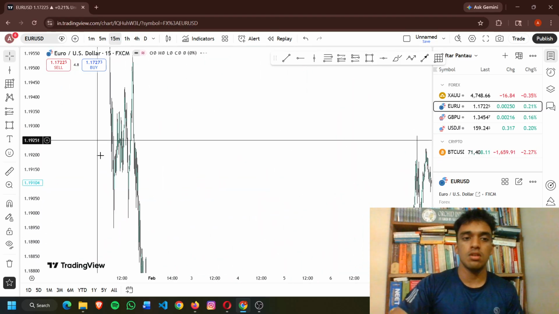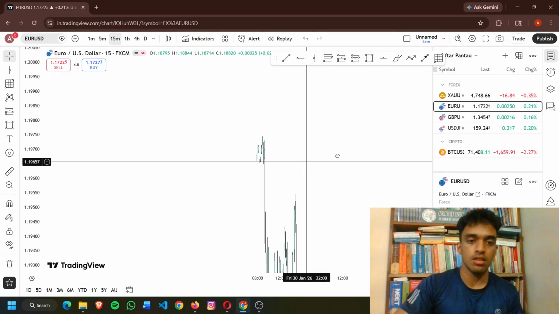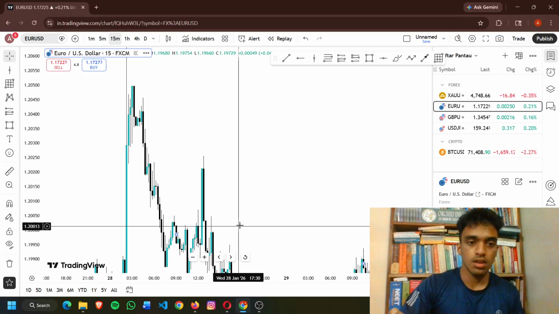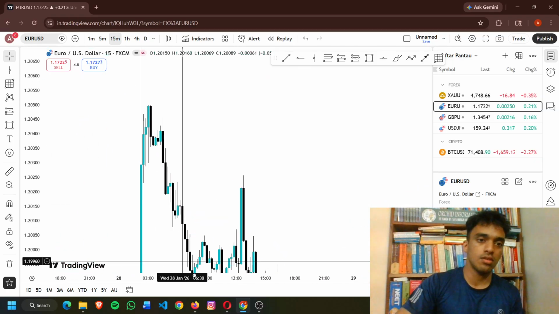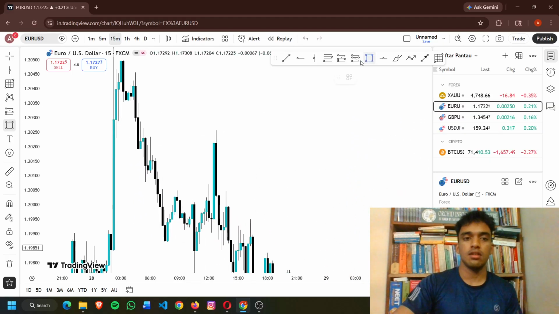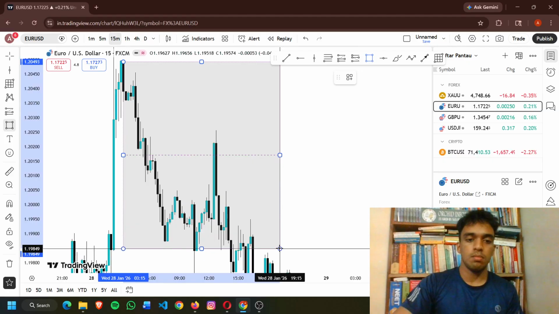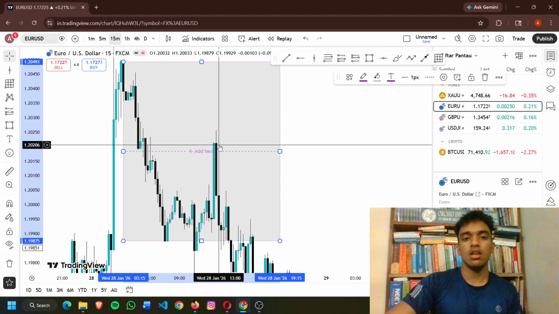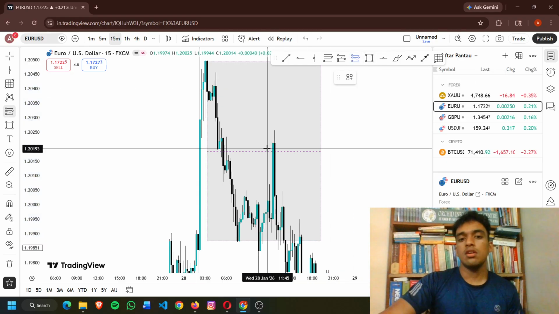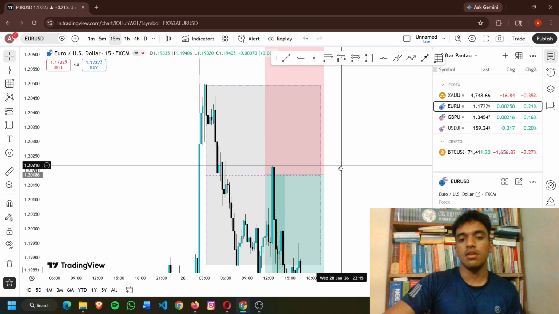Let's check for another one. Okay. This is a good one. This is a liquidity sweep. Oh my God. Liquidity sweep down to up. See equilibrium. You would have kept our short sell limit order over here.